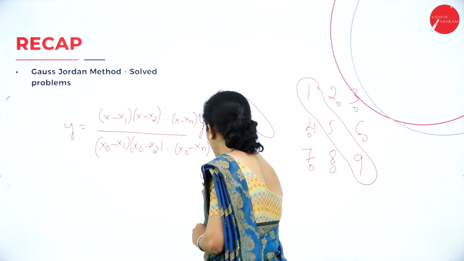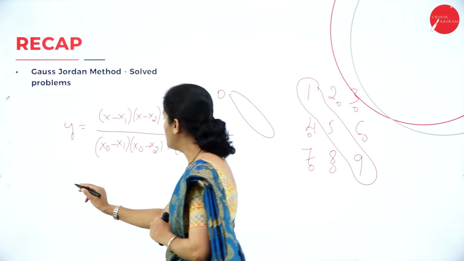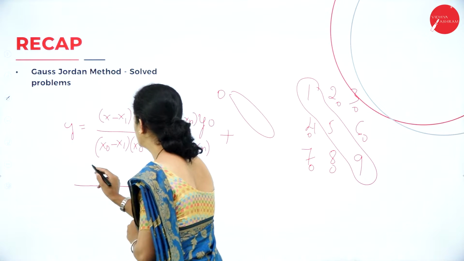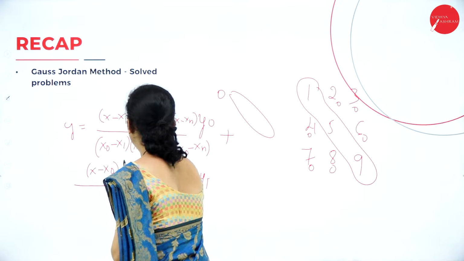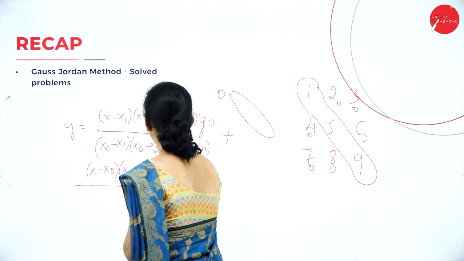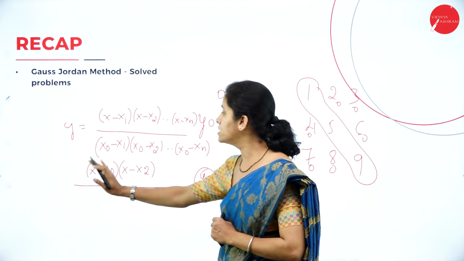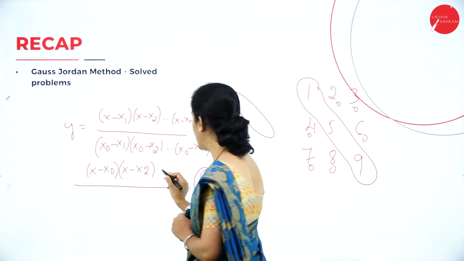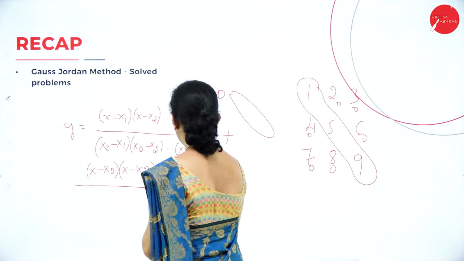Now I am going to consider y1. So what I want to do, I want to leave x0. So I'll start from x minus x0, x minus x2, because here it is my y1. So I'm going to skip x1 and go up to x minus xn.